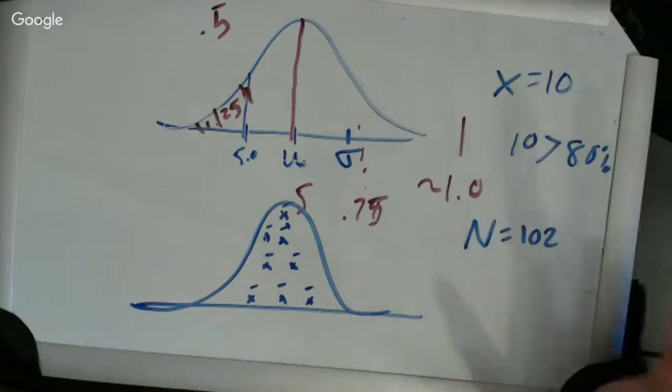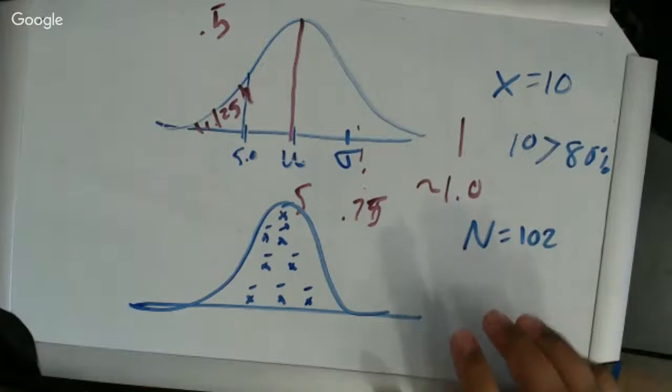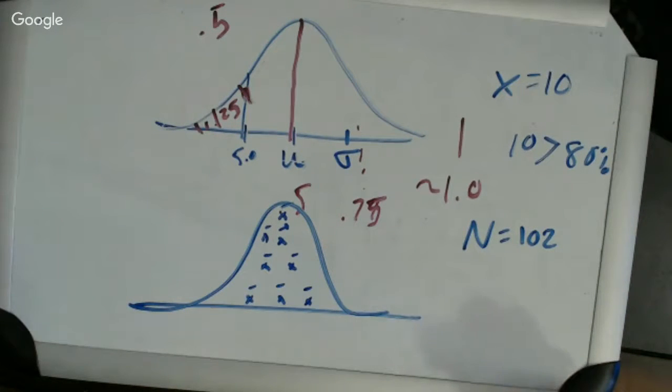So based on what we know, what could you tell me about this distribution? What is its spread? And the answer is not a number. So if you think symbolically, what is its spread?